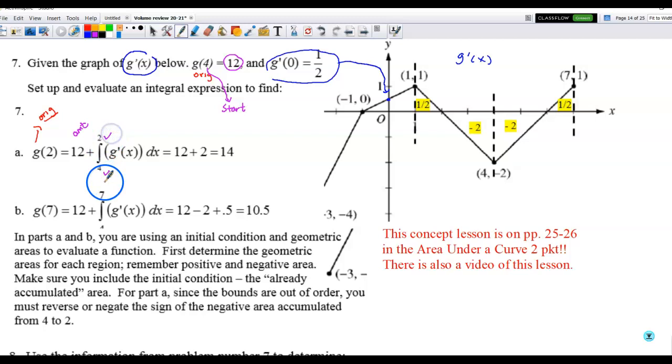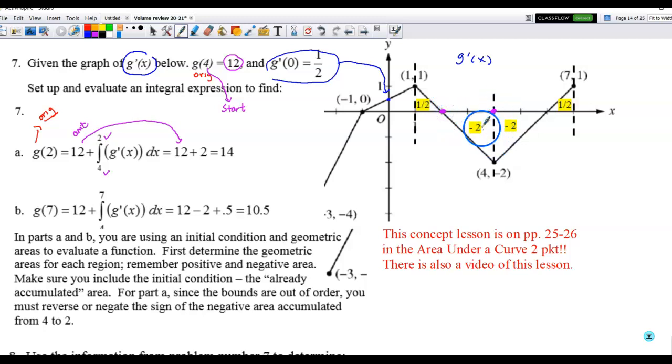Now I realize those bounds are out of order, and I could rewrite the integral using integral properties, but I don't necessarily have to, so we'll talk about that. So I'm going to keep the 12 units of accumulated area. Now watch what I'm going to do. Since I'm going from 4, which is right here, this is x equal to 4, to 2, which is right here.